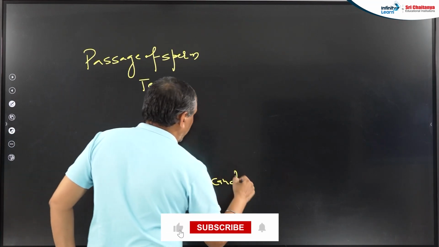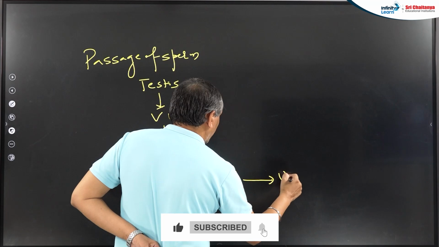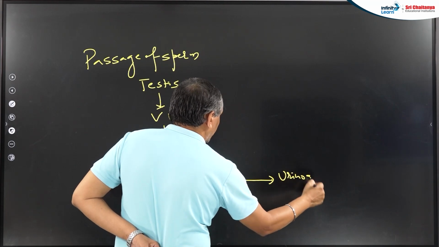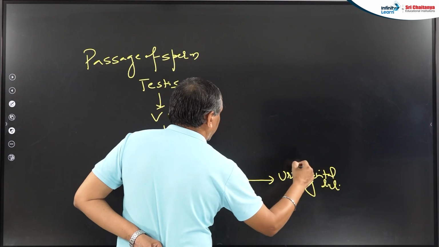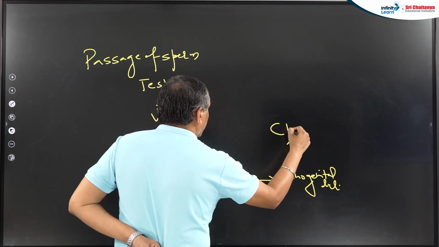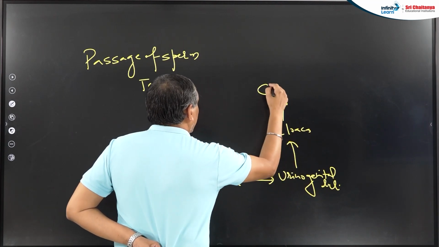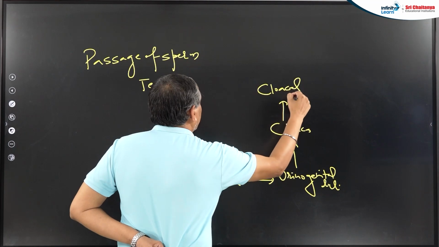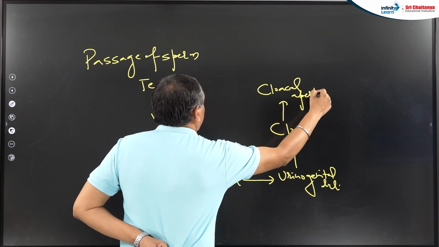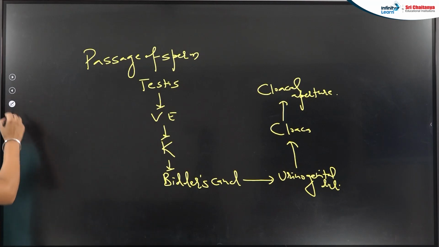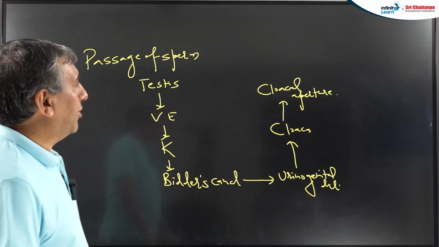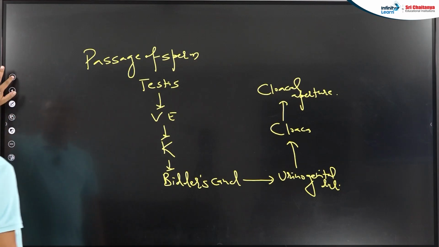From the Bidder's canal, they move into the urinogenital duct. From the urinogenital duct, they go to the cloaca. And from the cloaca, they come out through the cloacal aperture. So, this is one point that you have to remember. Passage of sperm. This is a very important question that is asked in the NEET exam also, so you have to remember the passage of sperm.